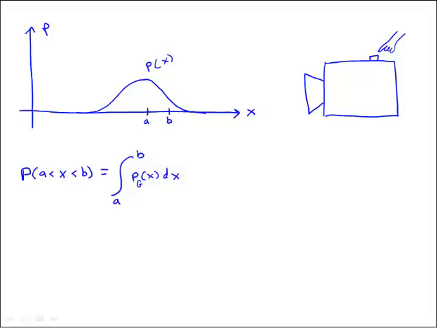So let's put a G there for Gaussian. Because we're doing all of this calculus and dealing with integrals, technically P sub G of x, this Gaussian distribution, is a probability density.